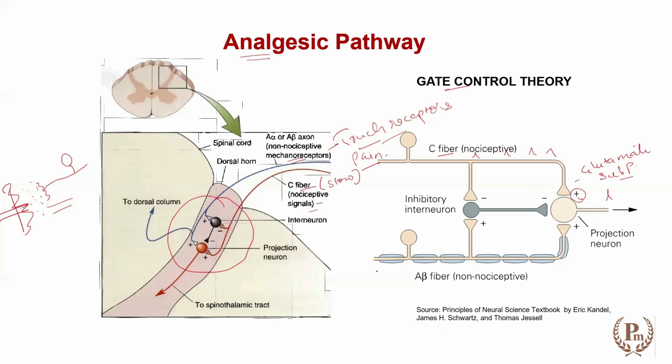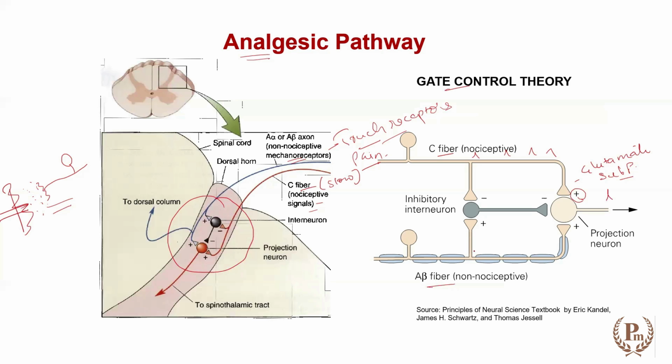Then we stimulate the skin areas around the pain, either by caring for it, rubbing it, or applying any ointment which is irritating, that is, stimulating the nearby mechanoreceptors. When those receptors are stimulated, they send impulses via their A beta fibers, or myelinated nerve fibers.